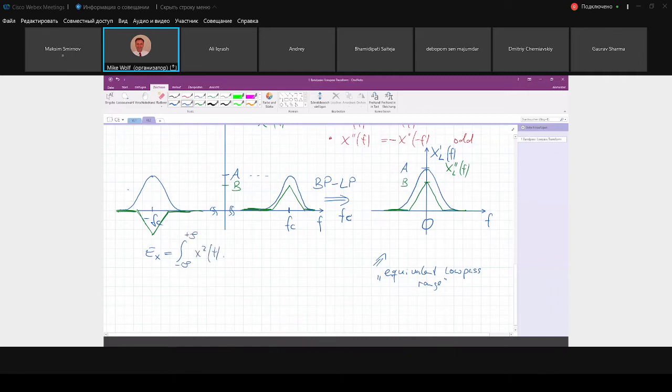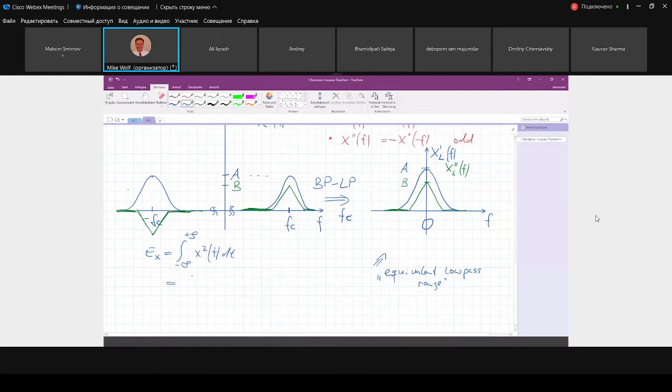We don't need a magnitude square here, because our time domain signal is real valued. So it's just x squared dt. This is the system theoretic energy. But now there is the theorem of Parseval, you know, probably, hopefully. And you can obtain the same result in the frequency domain.